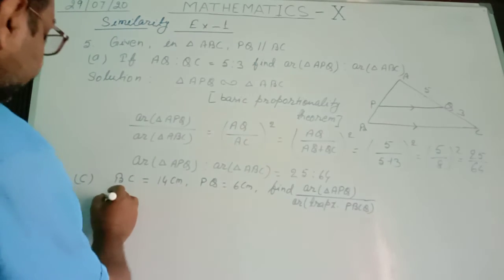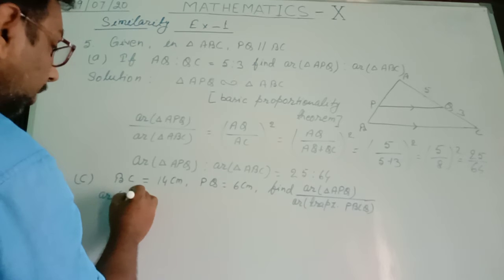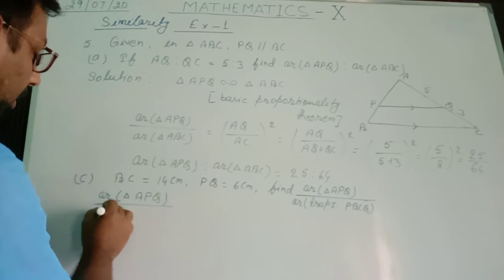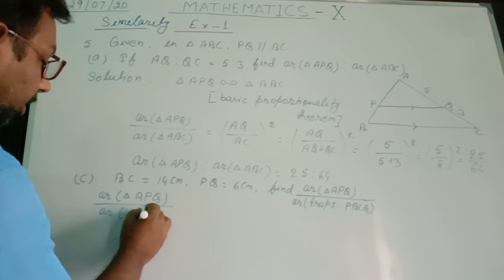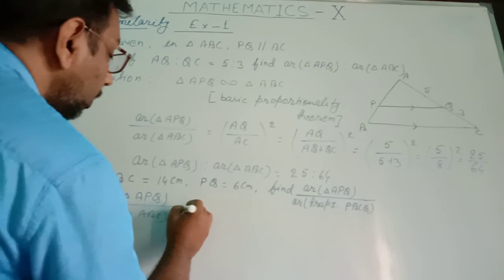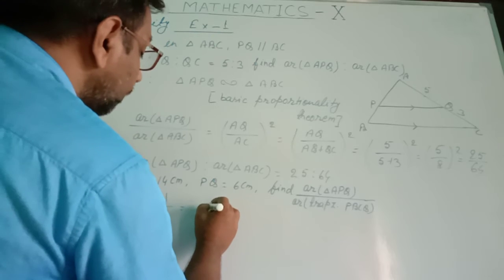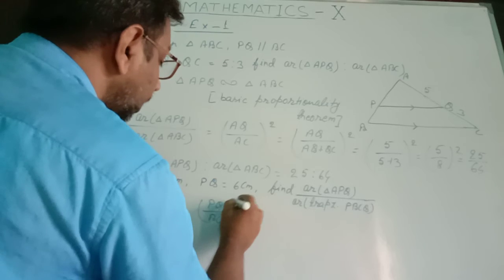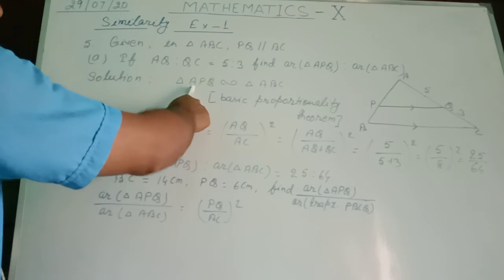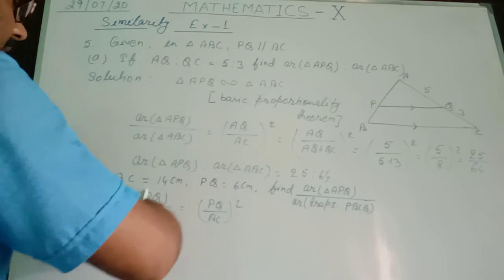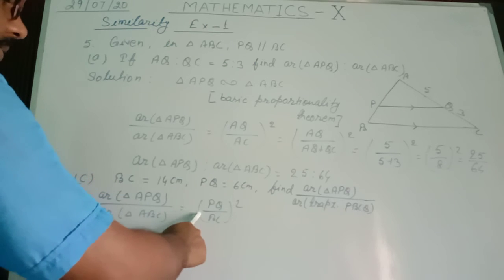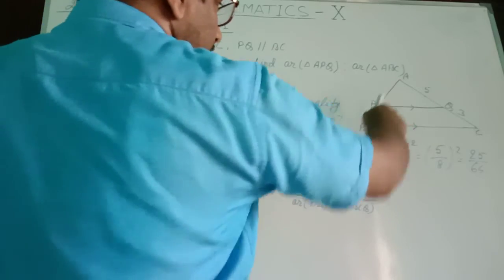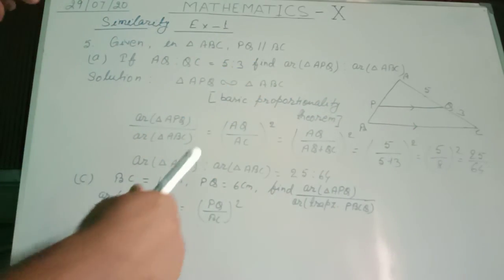So for that we write at first area of triangle APQ by area of triangle ABC equal to PQ by BC whole square, because above we have proved already triangle APQ is similar to triangle ABC. Therefore, ratio of their areas will be equal to square of ratio of their corresponding sides. PQ and BC are the corresponding sides of triangle APQ and ABC respectively.